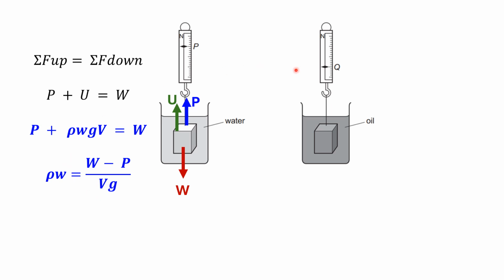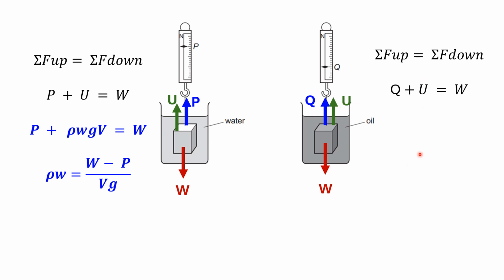Now let's work on the other diagram. So again, we have the weight of the cube, W. We have the force indicated on the spring scale, which is Q. And because it's submerged in a fluid, we have an upthrust force, U. So assuming that it's also in equilibrium, the forces up equal the forces down. So it's very similar.